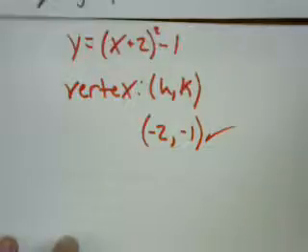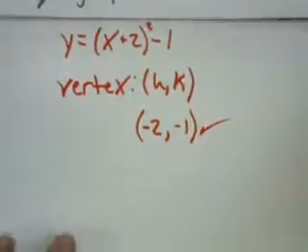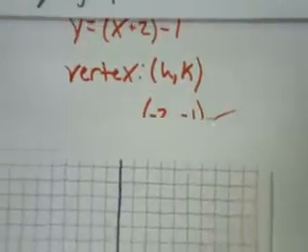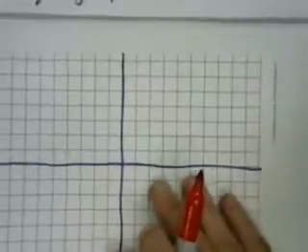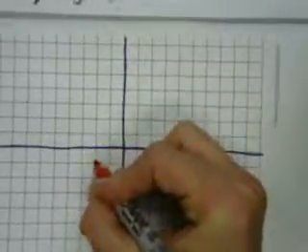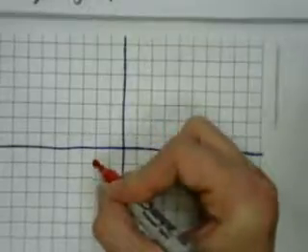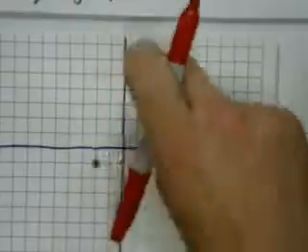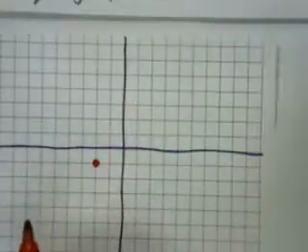I know it said to graph last, but let's go ahead and start putting these on a graph one at a time. My vertex is negative 2, negative 1, so I come to my graph, go left 2, down 1. Now the parabola is either going to open up like this, or open down like this.